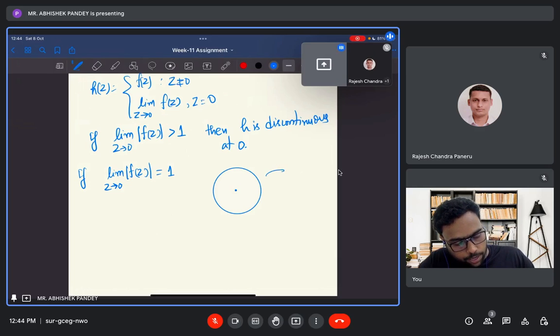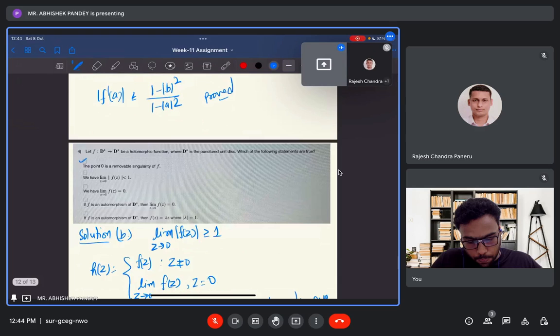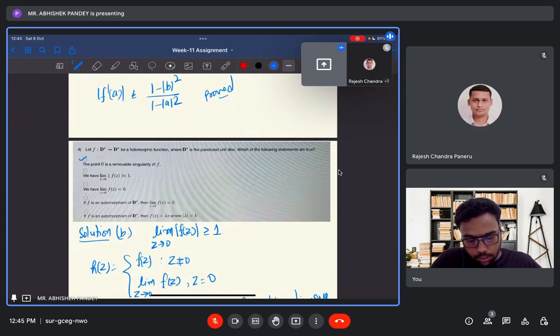And f maps the punctured unit disk to the punctured unit disk. Now you take any sequence converging to 0. And observe that your f is basically, what is your f? f such that D star to D star is a holomorphic function.